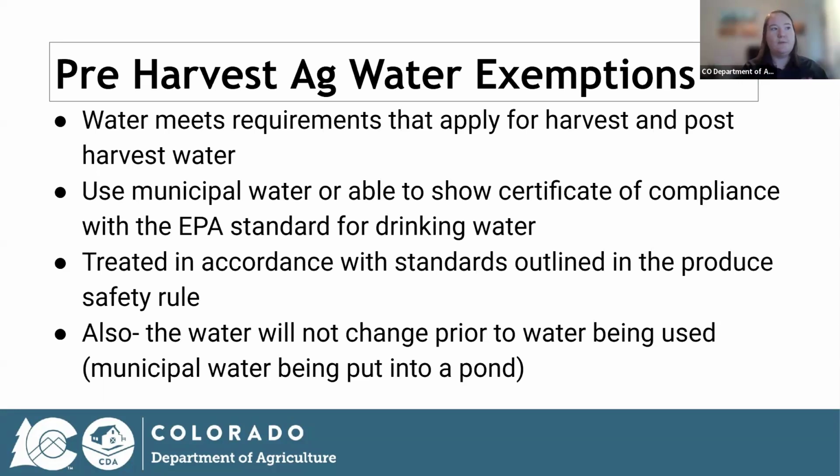Of course, also treated in accordance with the standard outlined in the Produce Safety Rule, but also that it's not being changed prior to the water being used. The example here is municipal water being put into a pond. If you're using municipal water, it should be coming straight from the pipes, from the city or county, and going right into your irrigation system.